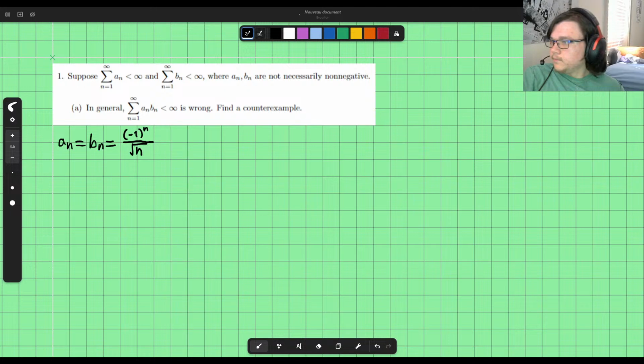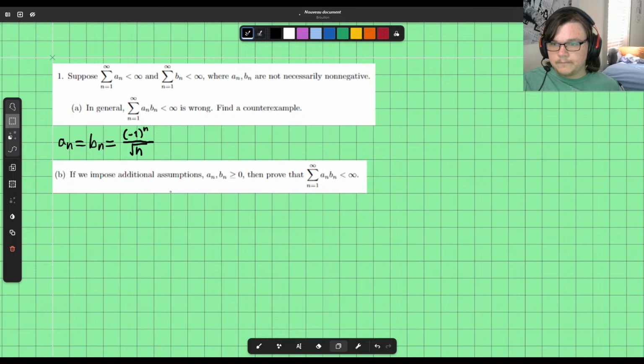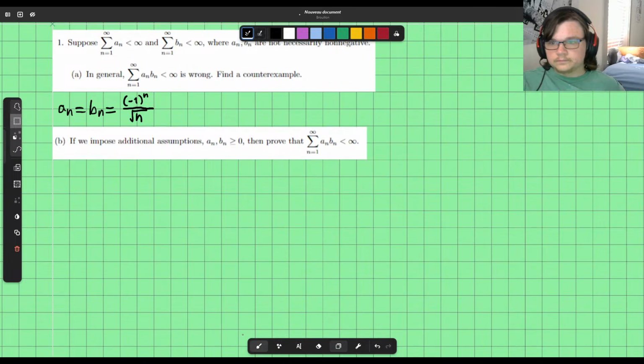Okay, next. We just have b. If we impose additional assumptions that a sub n and b sub n are greater than 0, then we can prove that this is not the case. It basically has to do with you not being able to cancel this out anymore.